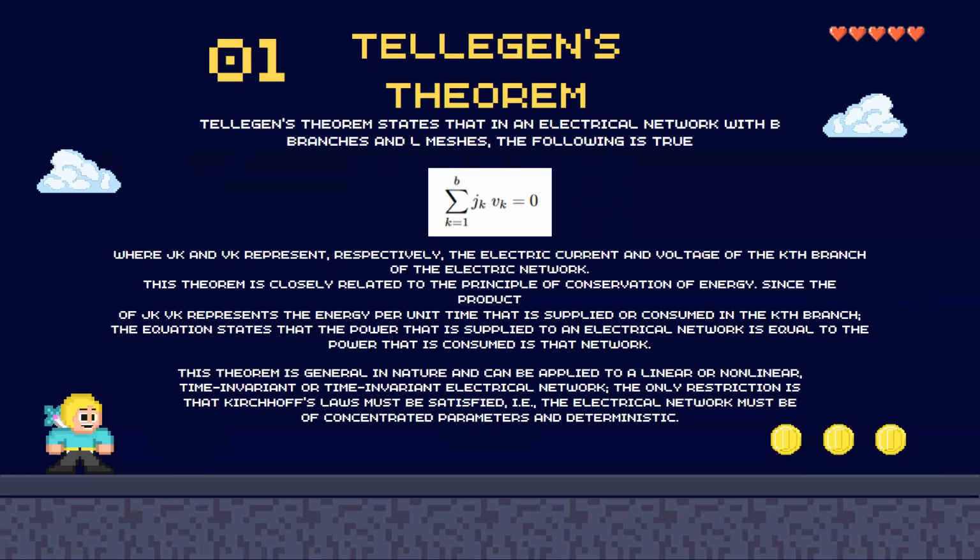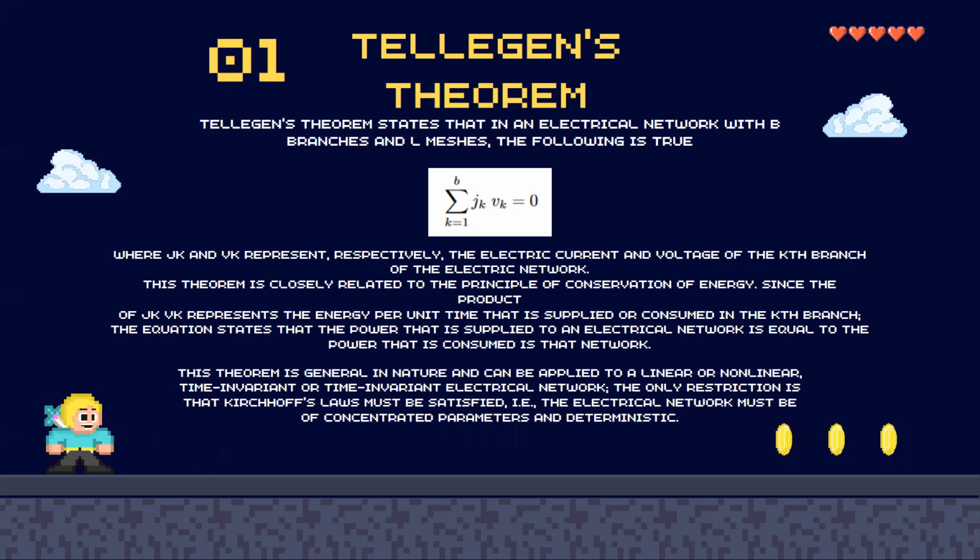The equation states that the power supplied to an electrical network is equal to the power consumed in that network. This theorem is general in nature and can be applied to a linear or nonlinear, time-invariant or time-variant electrical network.